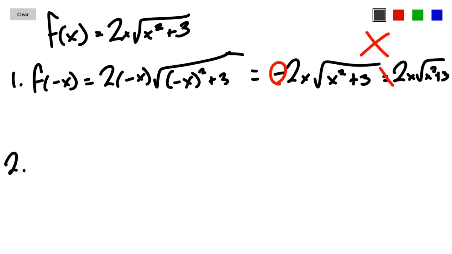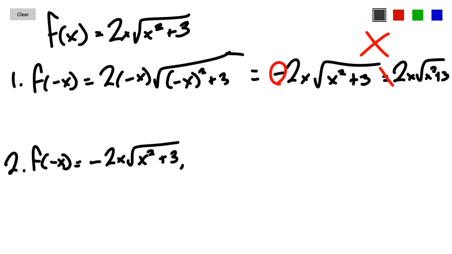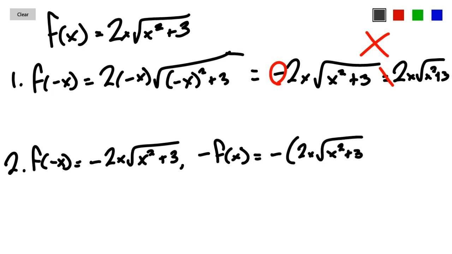Now for the odd case, I know that f of negative x is equal to negative 2x times the square root of x squared plus 3. So if I were to find negative f of x, this would just be the negative version of f of x. And if I multiply the term by the negative, I end up with negative 2x times the square root of x squared plus 3.